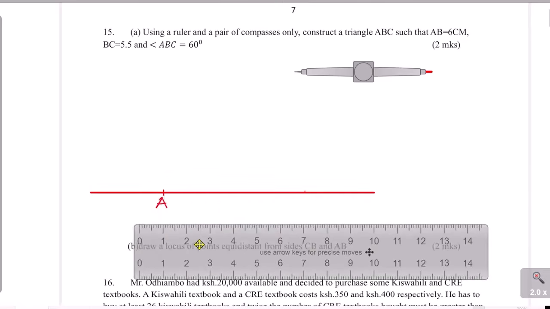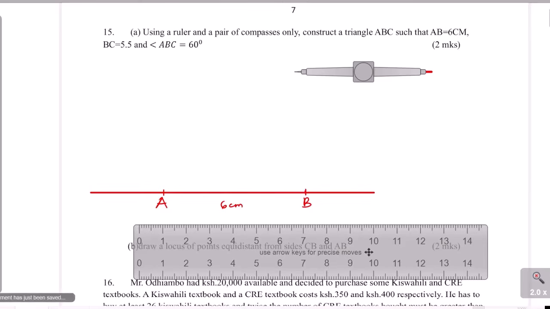That would be 6. So 6 is that point. So this is point B. So that is 6 centimeters.